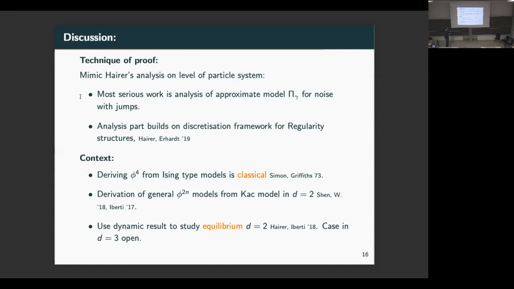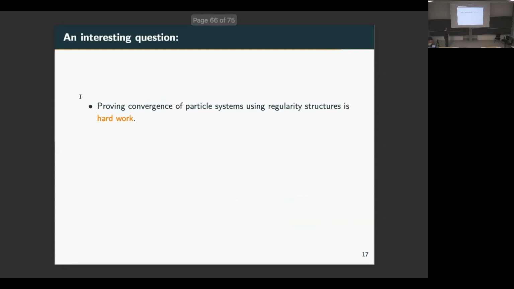So that's sort of what I wanted to say. I want to perhaps just ask an interesting question, perhaps technical in this case. Proving convergence of particle systems using regularity structures is actually hard work, because, especially when the equations are more complicated, the model can consist of a lot of terms.